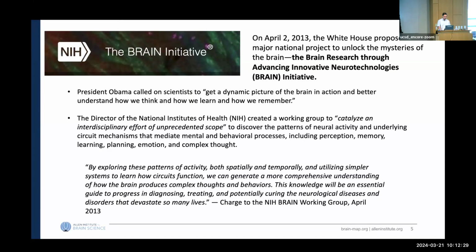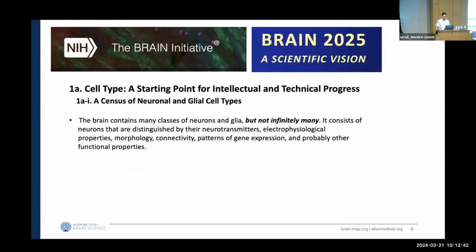This was their charge: exploring the patterns of activity, spatially and temporally, so we can understand circuits and get a comprehensive understanding. This was a charge that the White House made to a certain working group. And they set up a starting point.